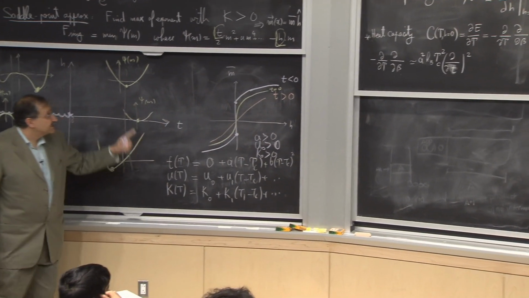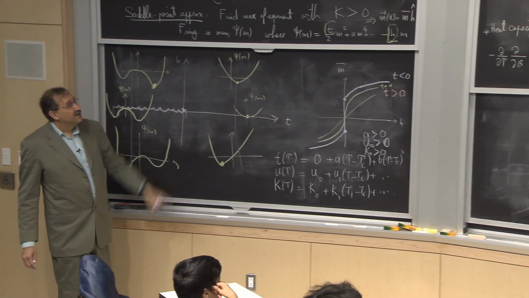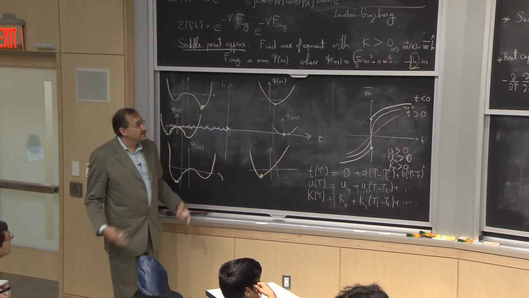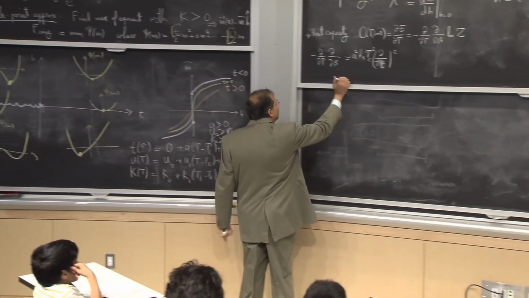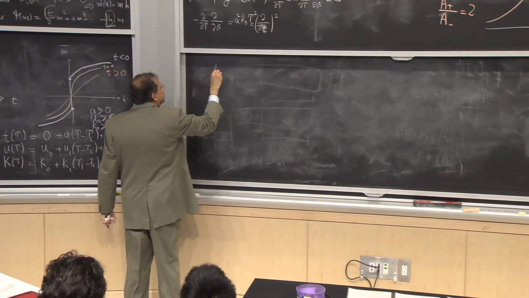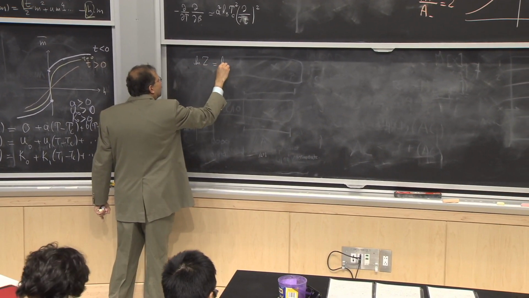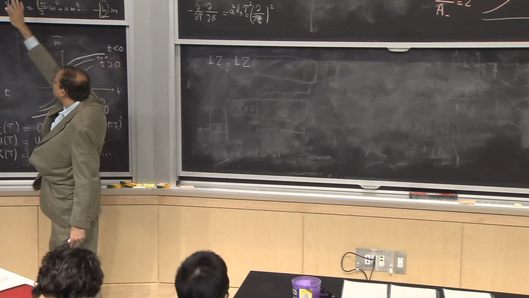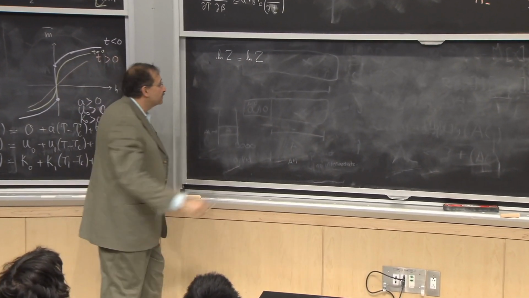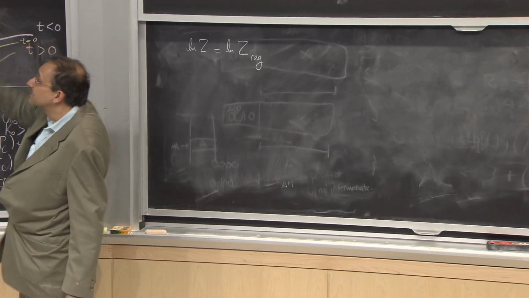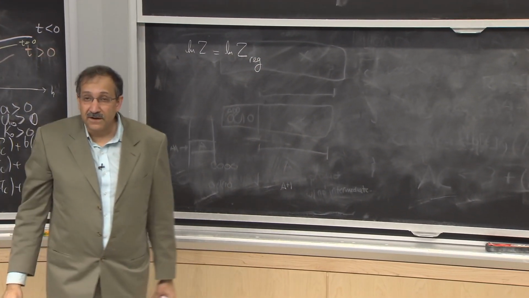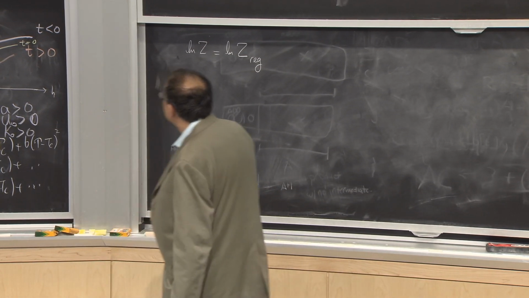The only reason I do that is because through the process that we have described here, I get an idea for what log of z is. In particular, log of z has a part that comes from all of the regular degrees of freedom and a part that comes from this additional minimization that we are doing.